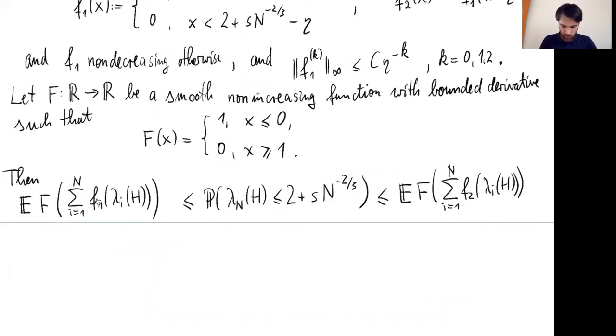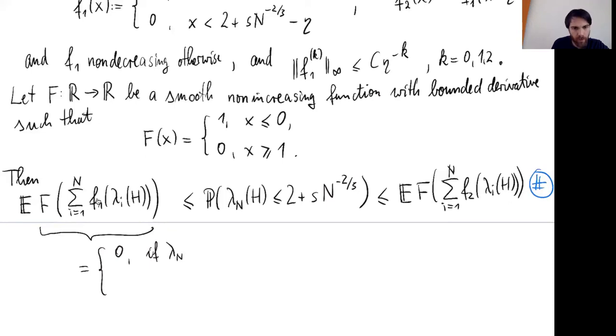Okay, and this will be a very important relation. Maybe I make it in color, then it's easier to find it again. And maybe as a comment, why this is correct. If I just take this part here, then this is of course 0 if the lambda_n of H is bigger than 2 times s to the minus 2/3. That just comes from the definitions of f1 and the big F, and it's smaller or equal to 1 otherwise.